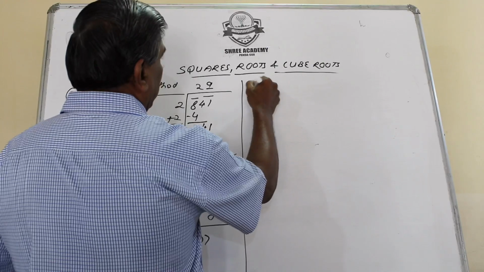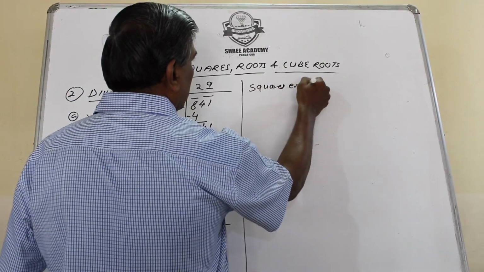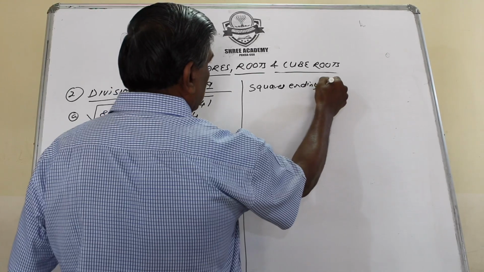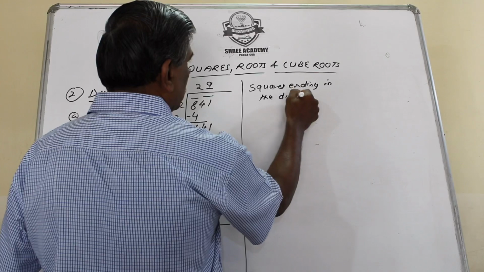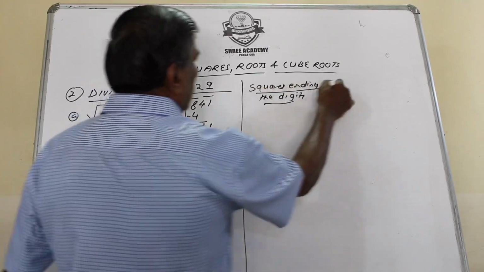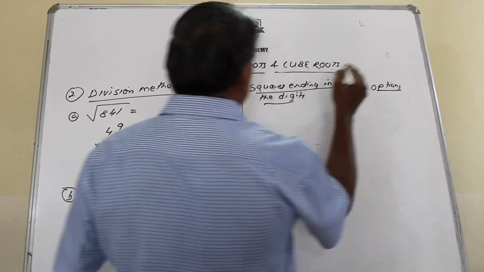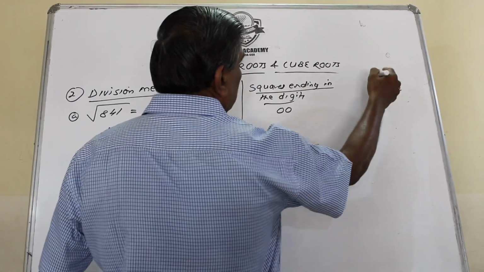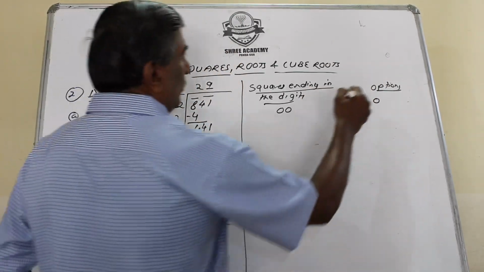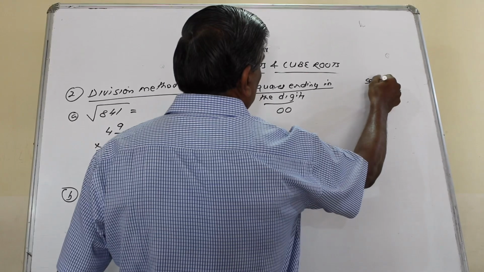So we will write squares ending in the digits and the options which have to be taken. Now if the square is ending in 0, the option in the square root will be 0.